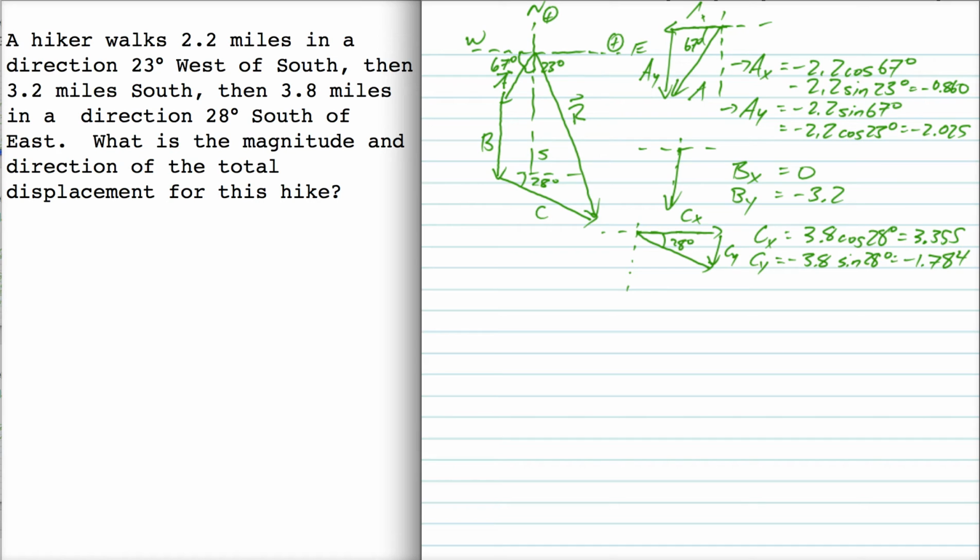Okay? I hope you understand here that Cx is positive because it points in the positive x direction to the right. Cy points down, so it's negative. All three of our y components are negative in this case. So that's step one. I've got all of my vectors broken down into components. Step two is to combine those components.